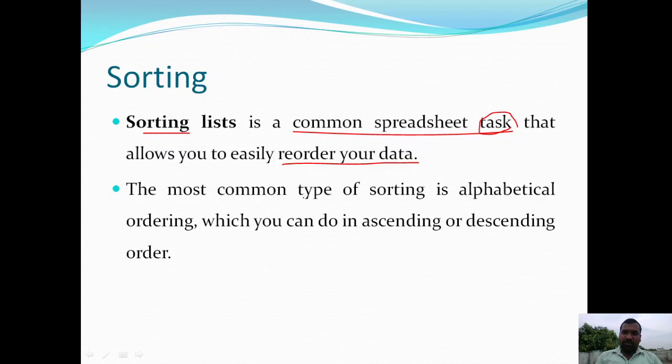The most common type of sorting is alphabetical ordering. Alphabetical ordering means either A to Z in ascending order, or Z to A in descending order.